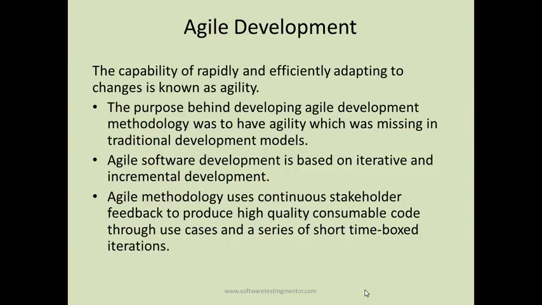These time box iterations are known as sprints, and in these sprints you pull the use cases or user stories from the product backlog into the sprint backlog, and then you implement these user stories into a working product and showcase them at the end of the sprint.